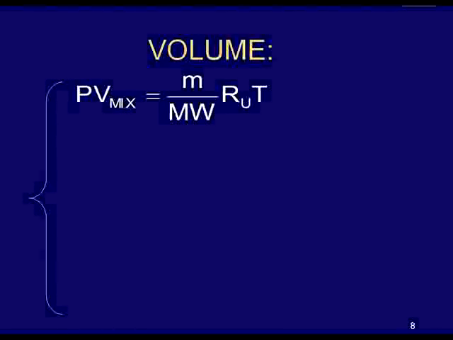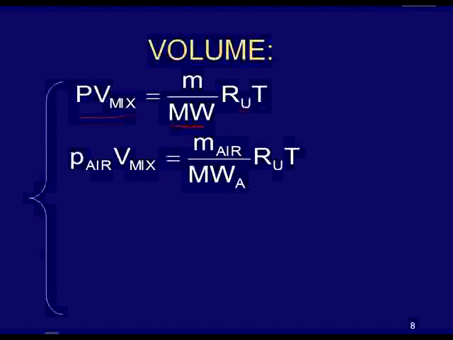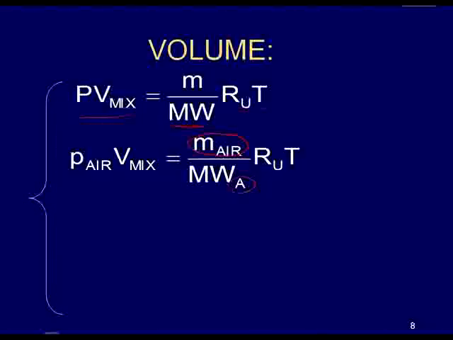At low pressures, air will behave as an ideal gas. So we'll take PV of the mixture is equal to mass over molecular weight of the mixture, RT. If we take the partial pressure of the air times the volume of the mixture, that's just the mass of just the air over the molecular weight of air times RT.